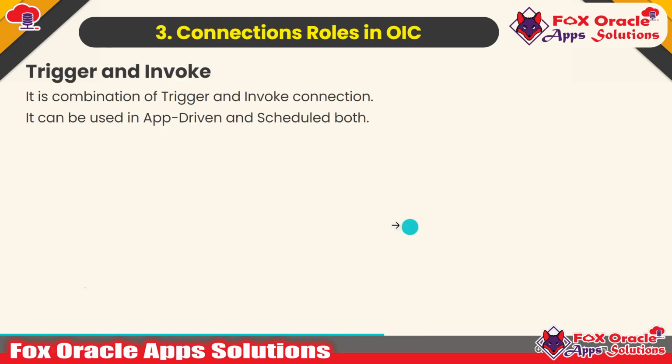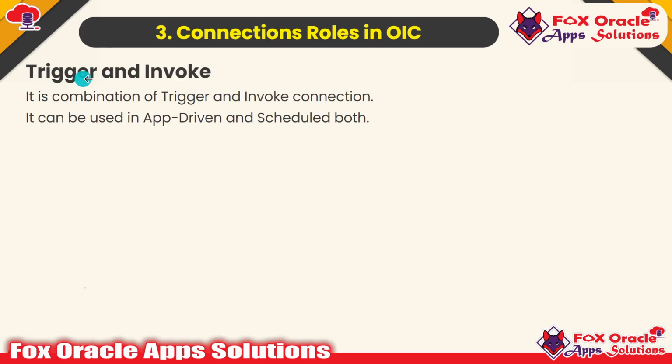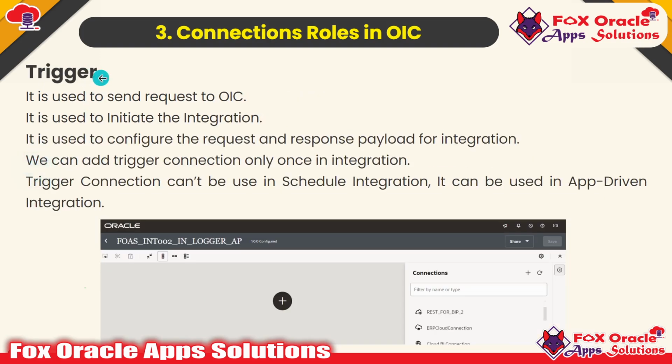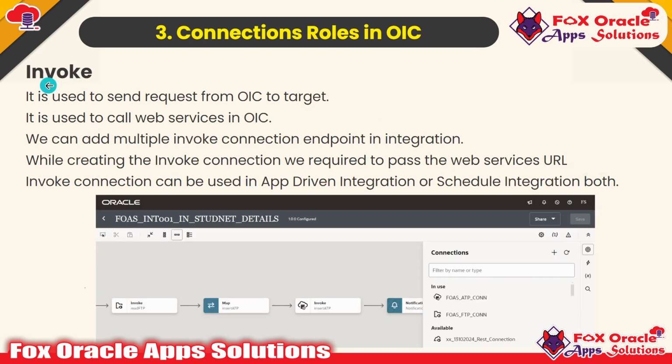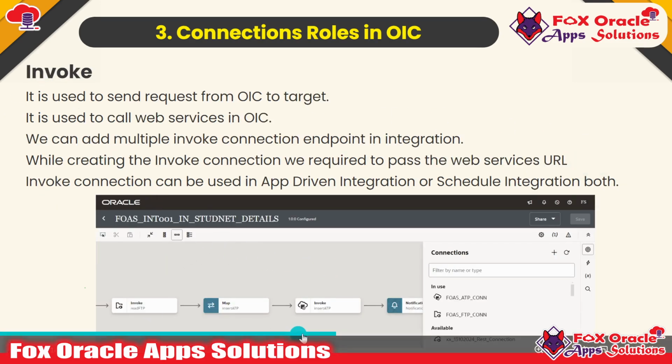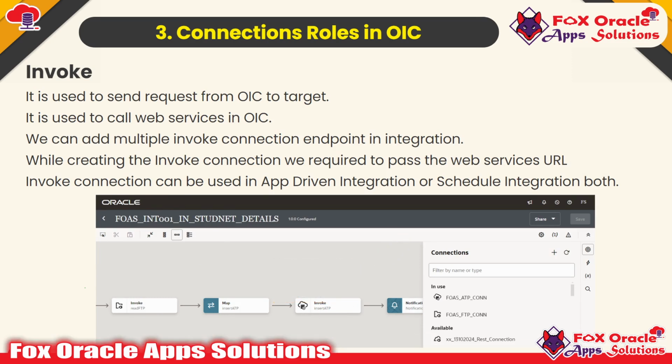And in last, we have the third role type, that is trigger and invoke. Just like that, the trigger connection we can use only at the start of the integration. The invoke connection we can use only in between, not at the start; it can be at the end of the integration, or in the middle, anywhere.